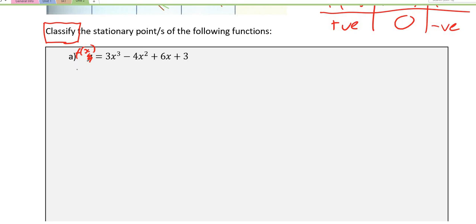So instead of saying f of x and then f dash of x, you could say dy dx if you wanted to, as well. Delta y over delta x, f dash of x, y dash. Yeah, all three. So we could have y. We could also have f of x. And then when we differentiate it, we could say f dash of x.